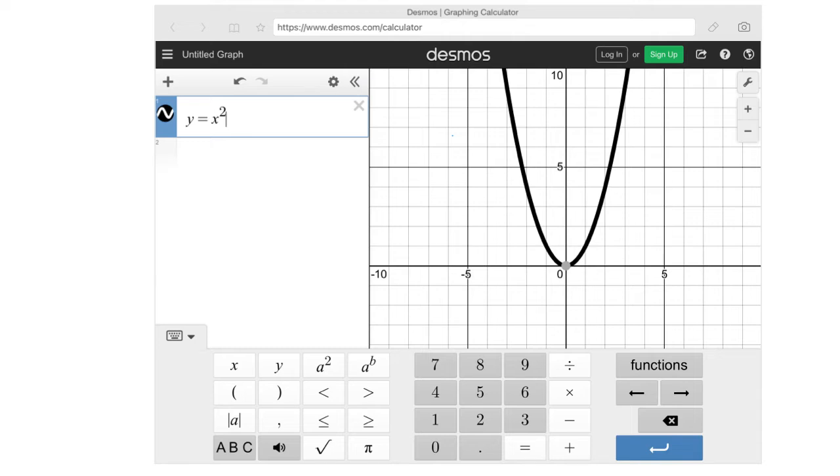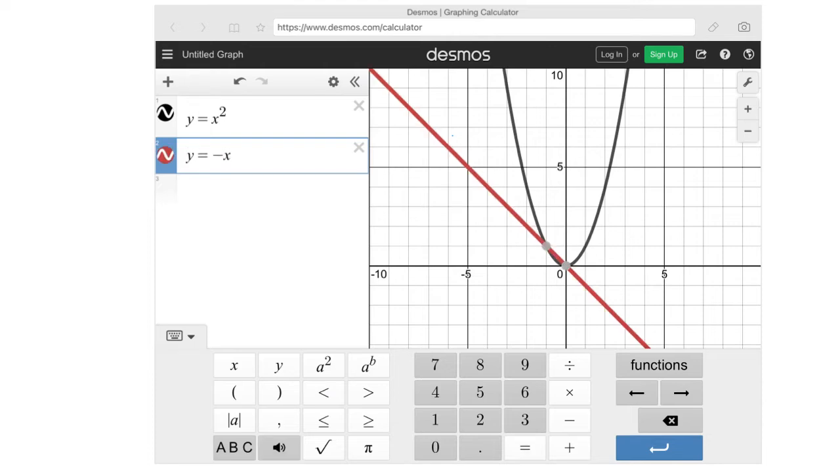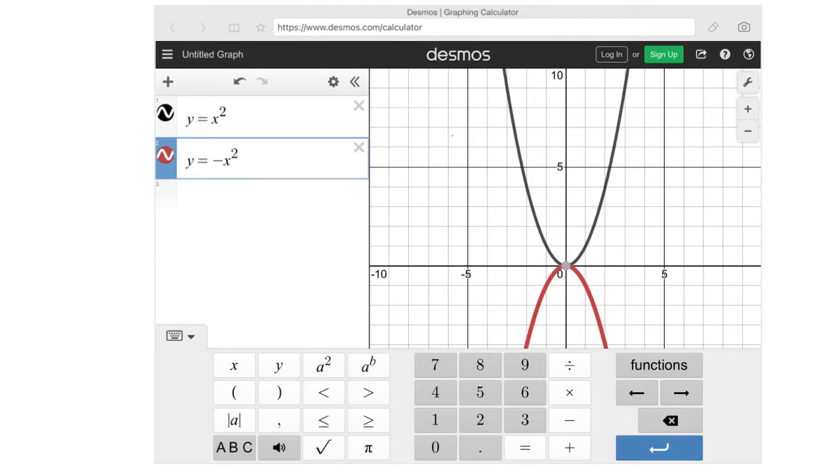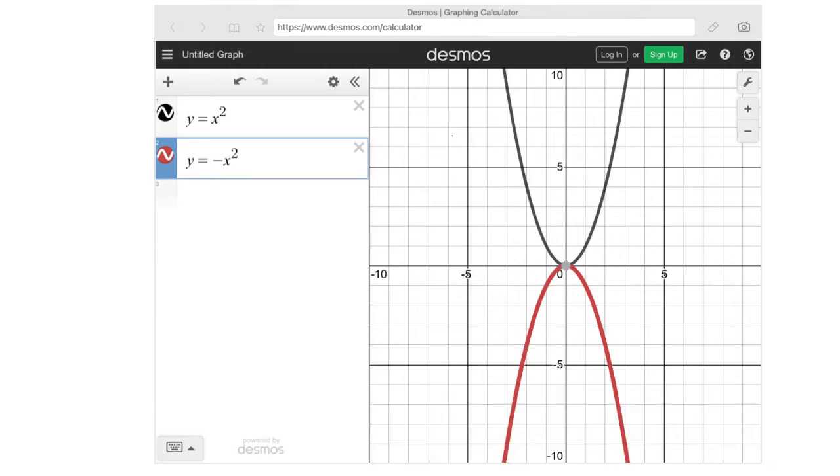And with a little bit of experience from last year, we could have known that if I punch in a parabola with a negative out in front, we tend to think of that as a parabola that maybe opens down. But if you take a look at the change in the graph from the black graph to the red one, you might see that we've flipped it across the x-axis.